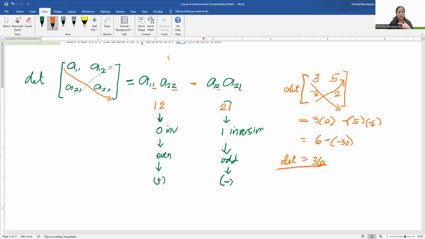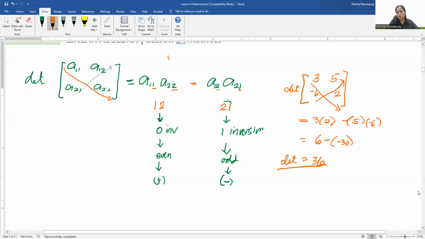But in our class, we get to know why the process is like that. We followed the definition, and in the definition, we consider the arrangement, the permutation, even the inversion, to determine whether the permutation is odd or even.